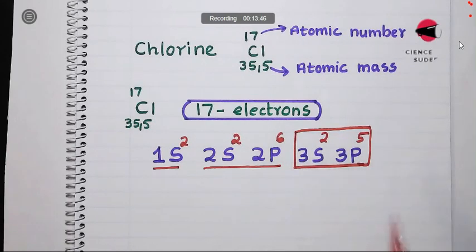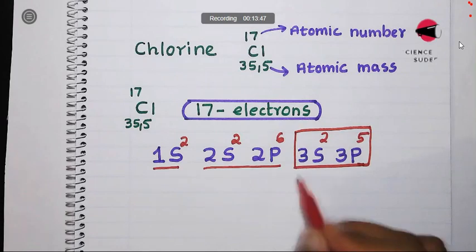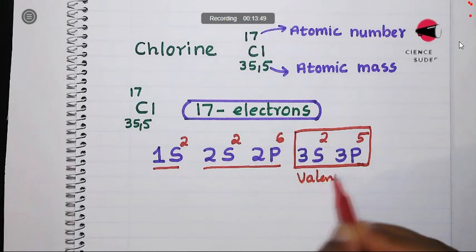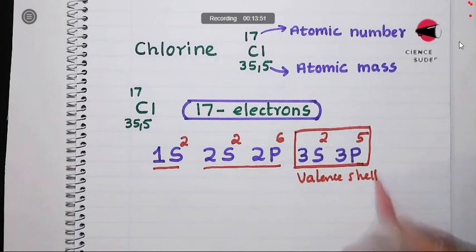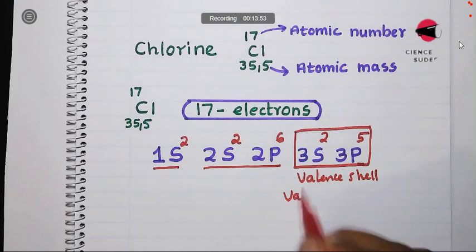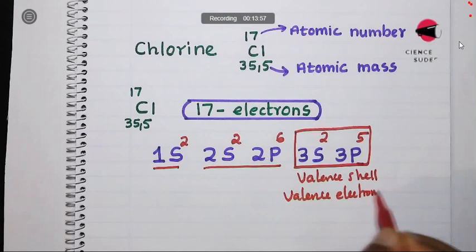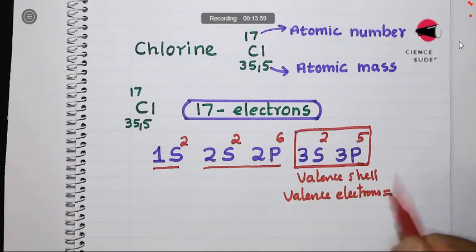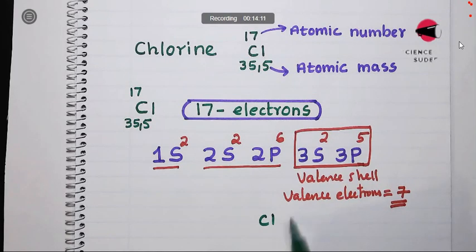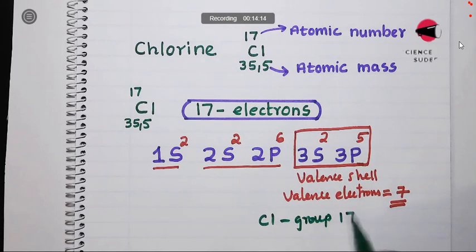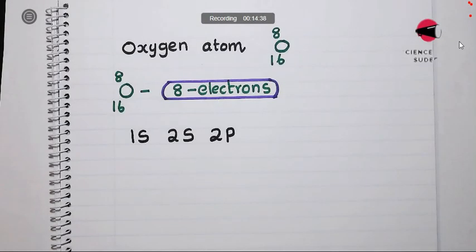So you can see that this is the valence shell and your valence electrons are 2 plus 5, which is 7. That is the reason it falls in group number 17, because it has 7 valence electrons.